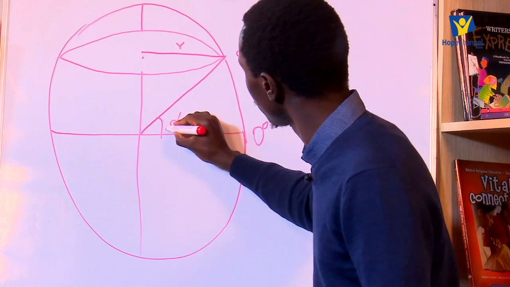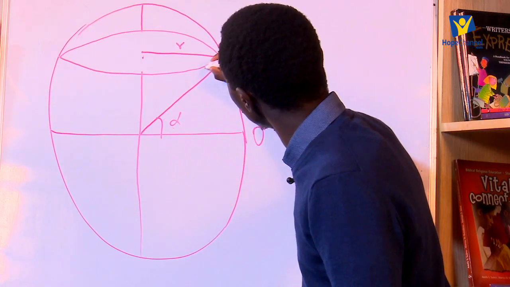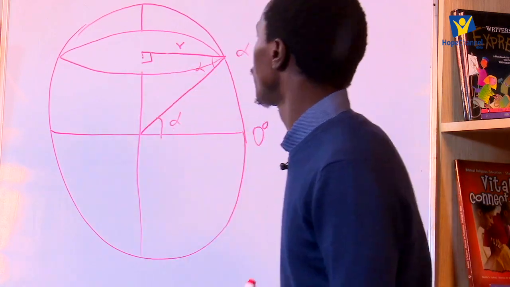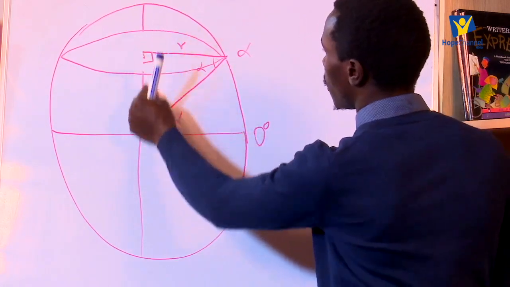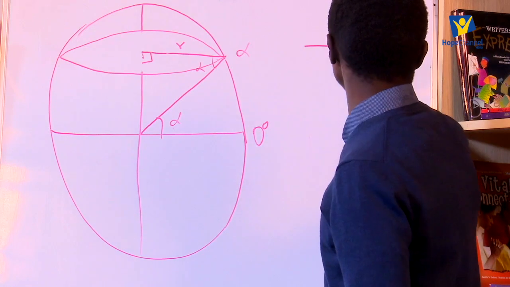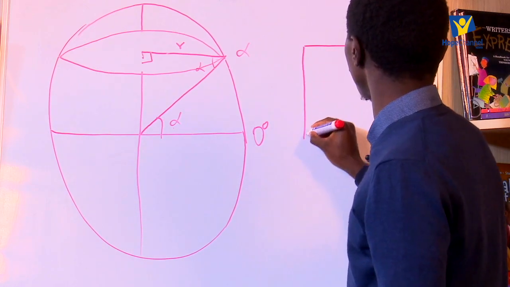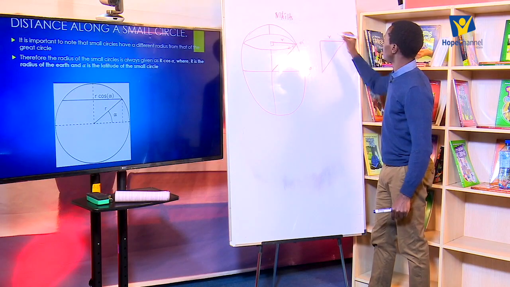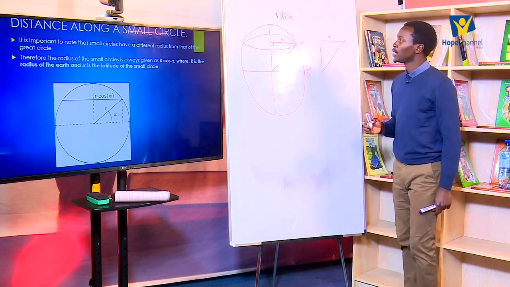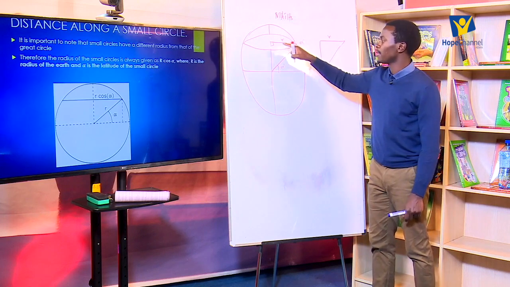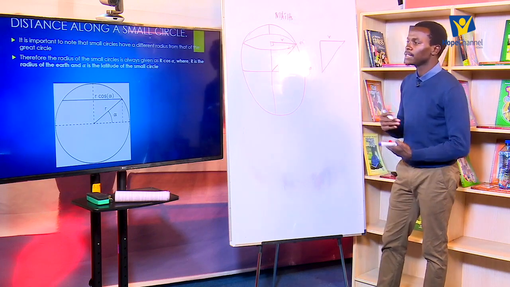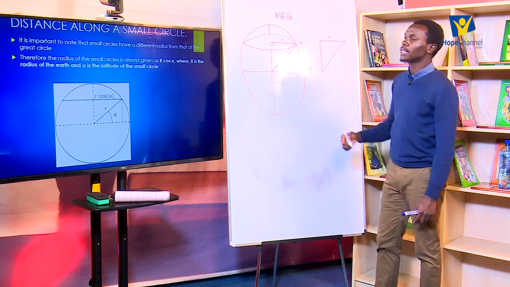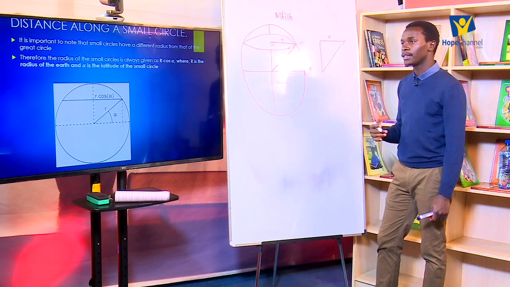That means this angle here is the same as that angle at that point. This one is at 90 degrees here. So we can pick out that triangle at that point, which is of this kind here. That radius, we are using small r to represent the radius of the small circles, because it is definitely different from the radius of the meridians, because meridians, all of them are equal, they have the same radius.